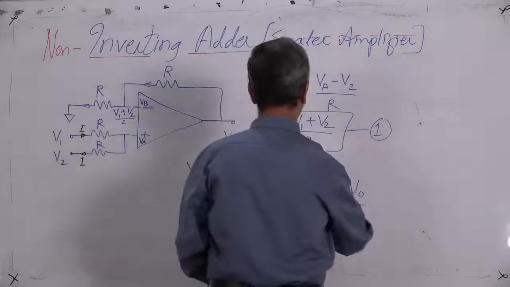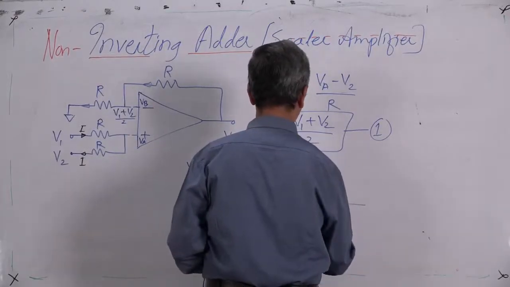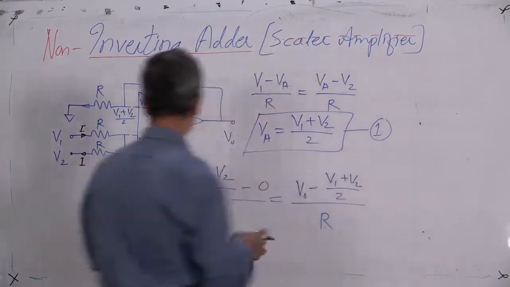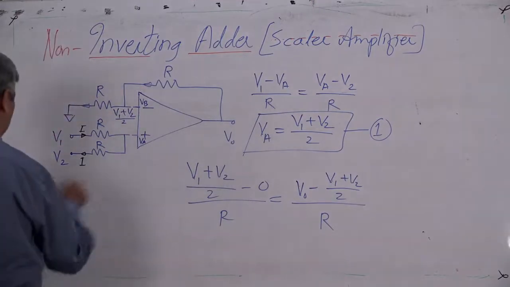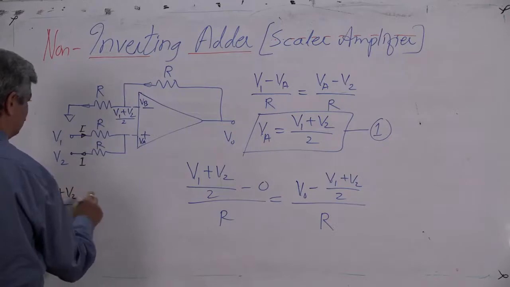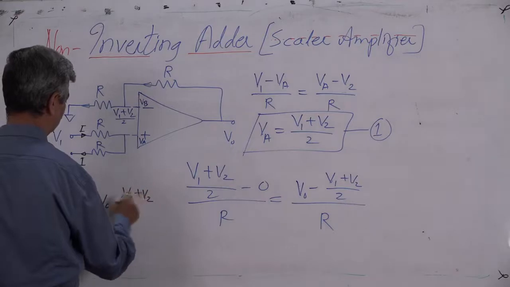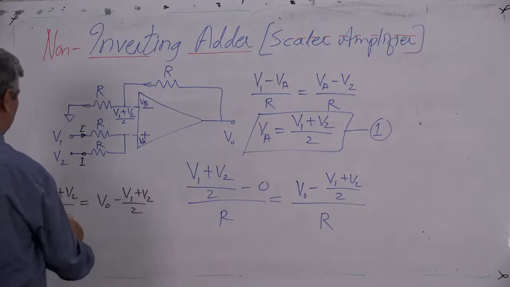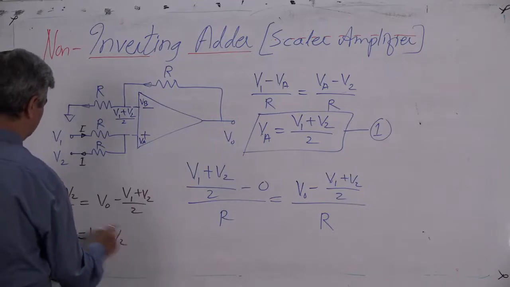So, it is VO minus (V1 plus V2) upon 2. So, R gets cancelled, and the equation becomes simple. (V1 plus V2) by 2 is equal to VO minus (V1 plus V2) by 2. So, it comes on this side, (V1 plus V2) by 2 plus (V1 plus V2) by 2. So, VO is equal to V1 plus V2.